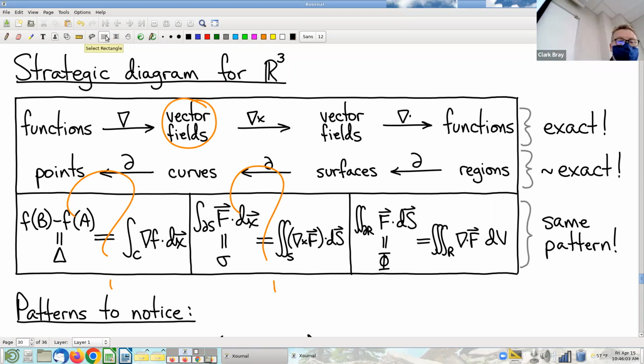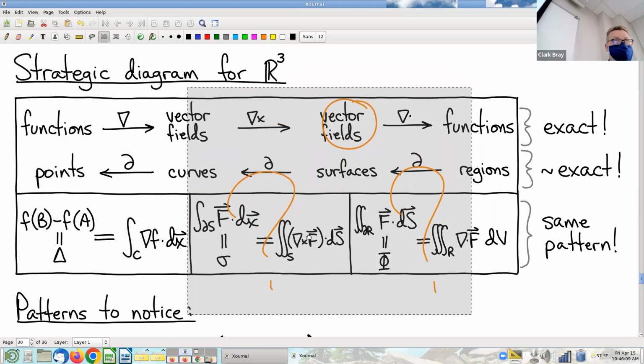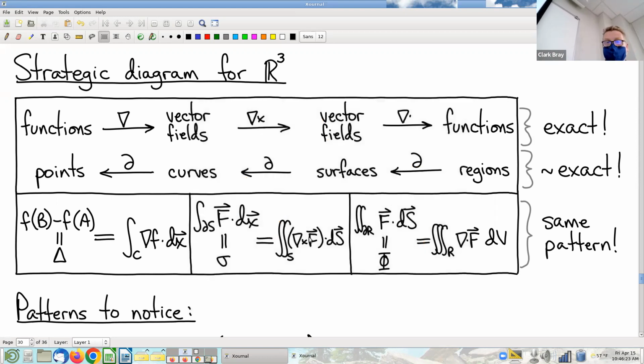Once you understand that argument, literally take the argument as it shows up on the diagram and just slide it over. That will give you a very strong hint as to what the argument should be for surface independent vector fields. And amazingly, it always works.